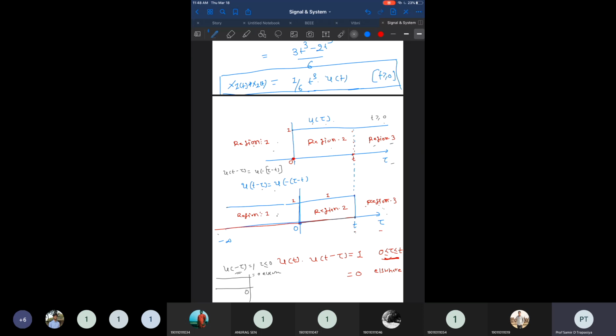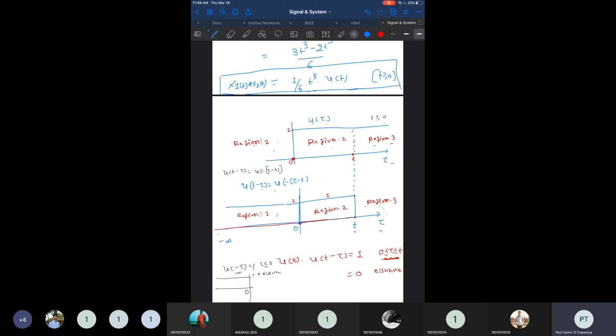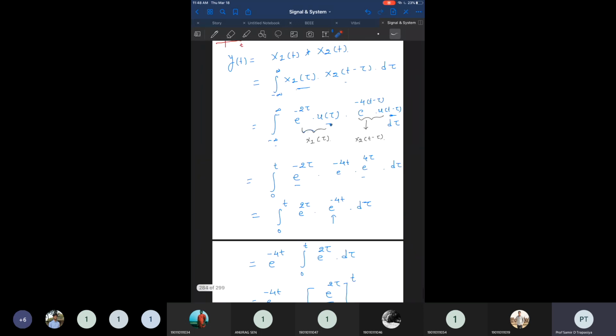This is the only region, from 0 to t, where both signals have amplitude 1. So this is the common region. Now the integration limits basically change. For u of tau and u of t minus tau, the integration limit changes from minus infinity to infinity, to 0 to t.